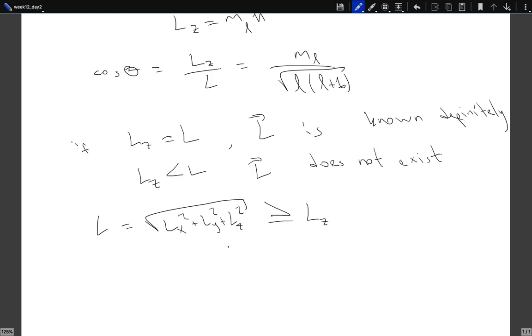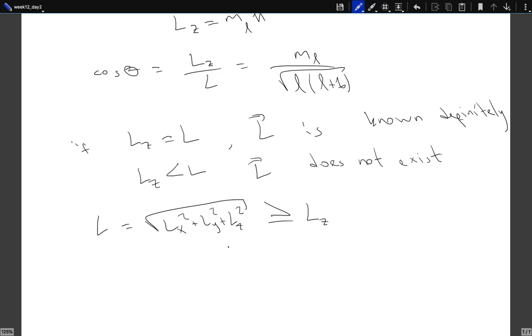It definitely has a magnitude. So if Lz was equal to L, that would tell us that angular momentum is in the Z direction, and we know its magnitude. Everything is fixed. But since Lz is less than L, it means that Lx and Ly are non-zero. So without knowing Lx and Ly, we cannot determine the angular momentum.